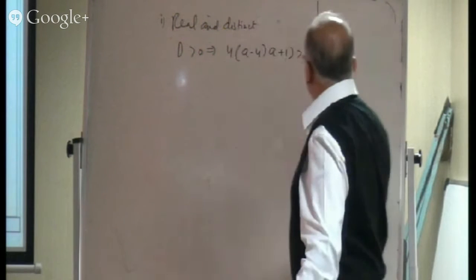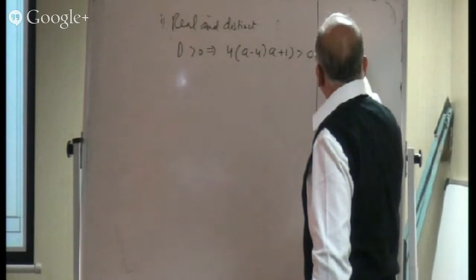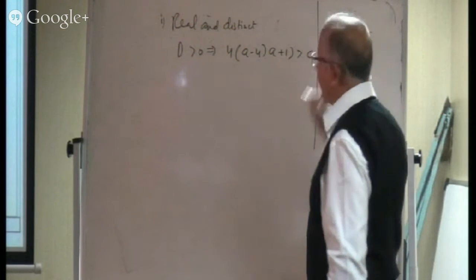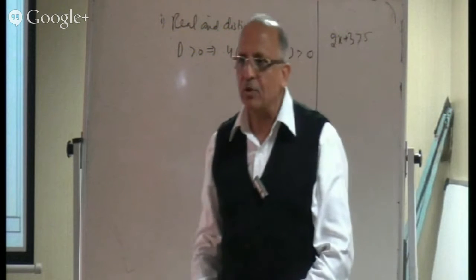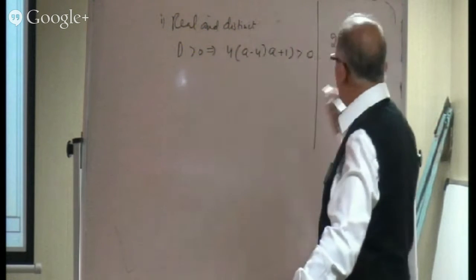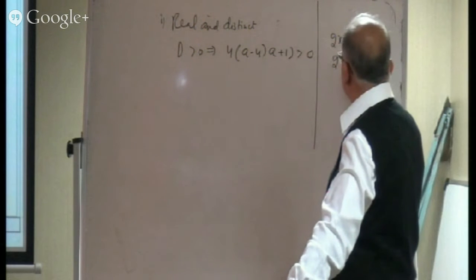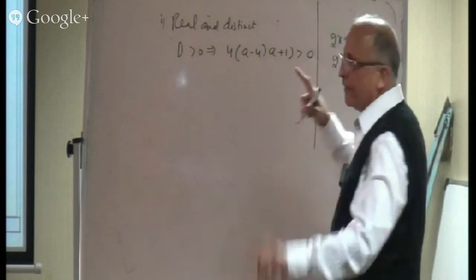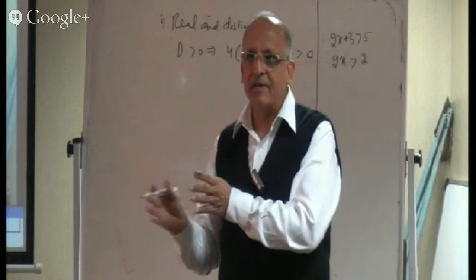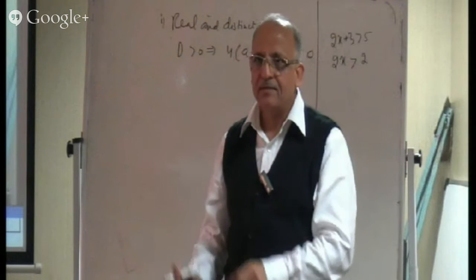So let us start from a linear inequality. Suppose 3x plus 3 is greater than 5 and somebody asks you what values of x satisfy this. It should be simple. I can write 2x is greater than 5 minus 3. If a is less than b, a plus 5 is less than b plus 5, and a minus 5 is less than b minus 5.